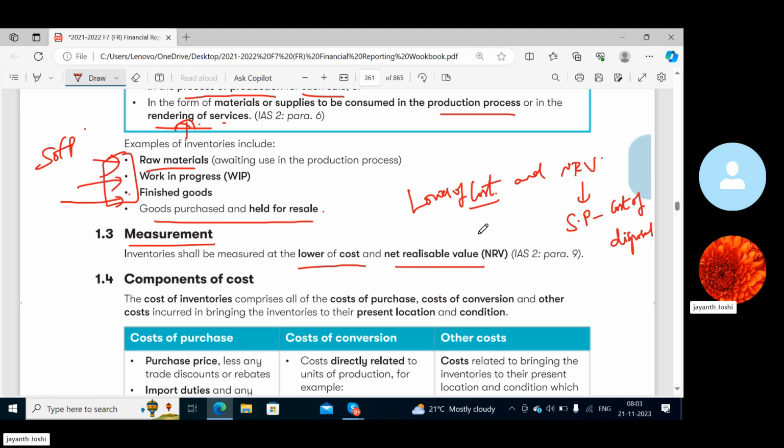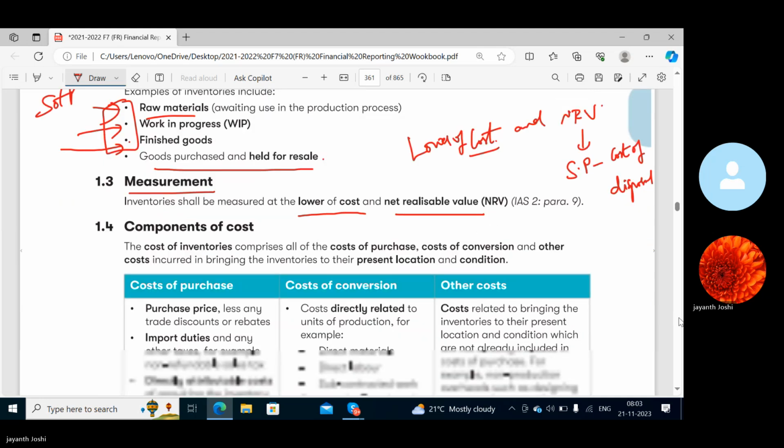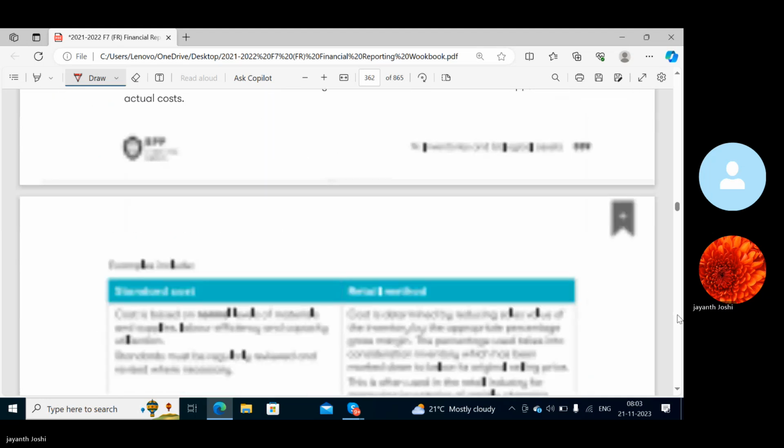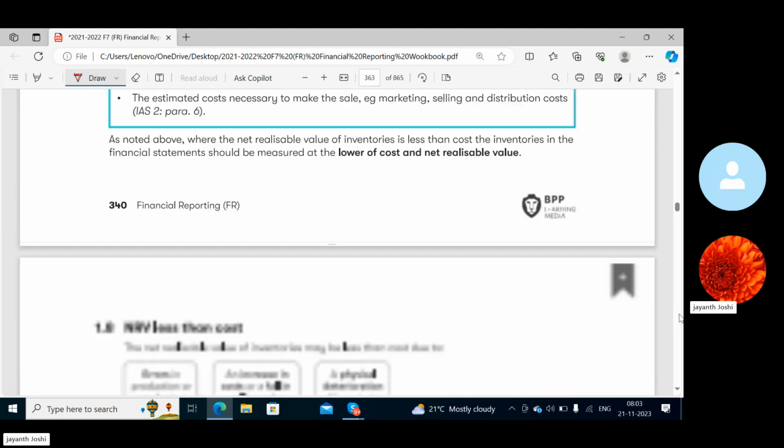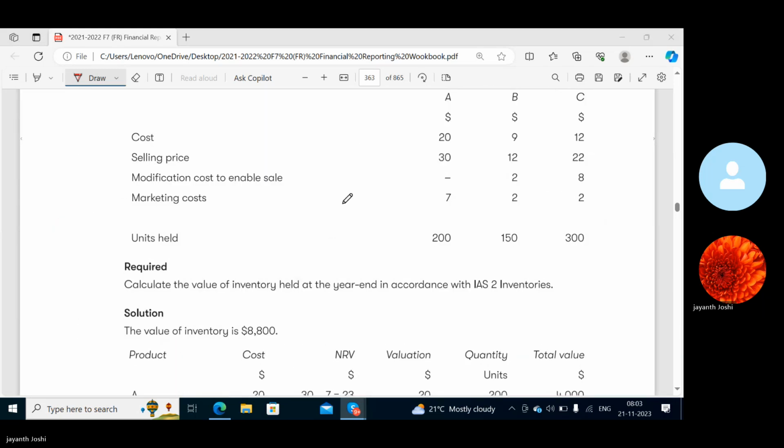Why is this rule applicable, Isha? Can you tell me? Any clue? Hello? No, sir.